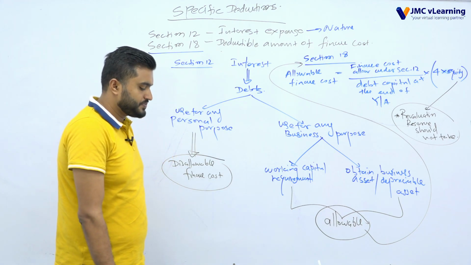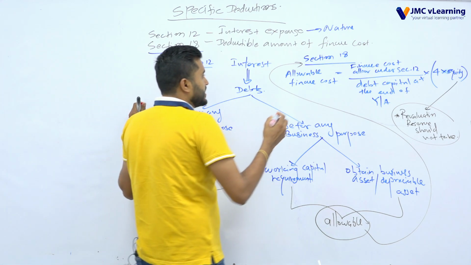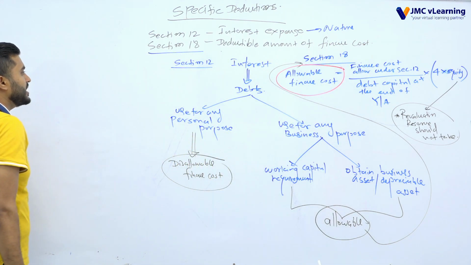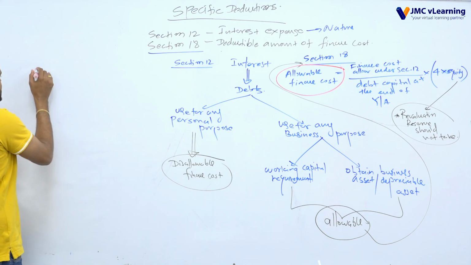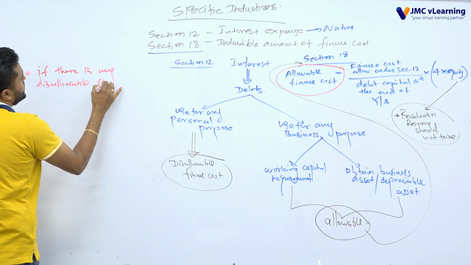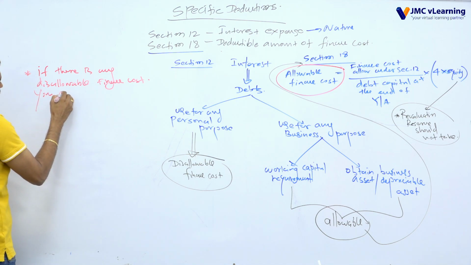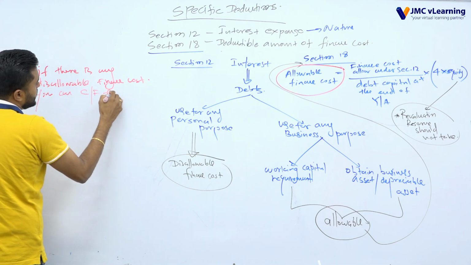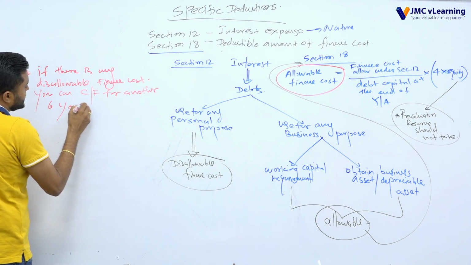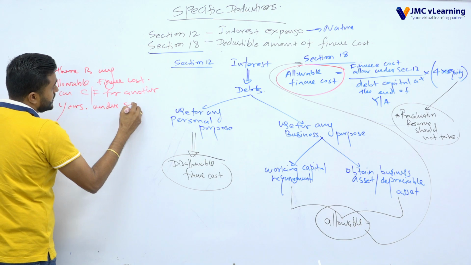The other thing, my dear student, keep in mind: due to these restrictions, if there is a disallowable finance cost, you can carry it forward for another 6 years under the same limitation.